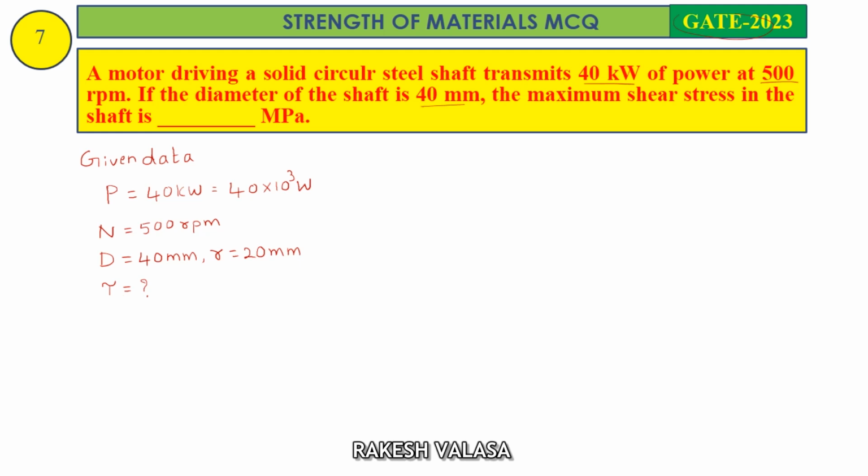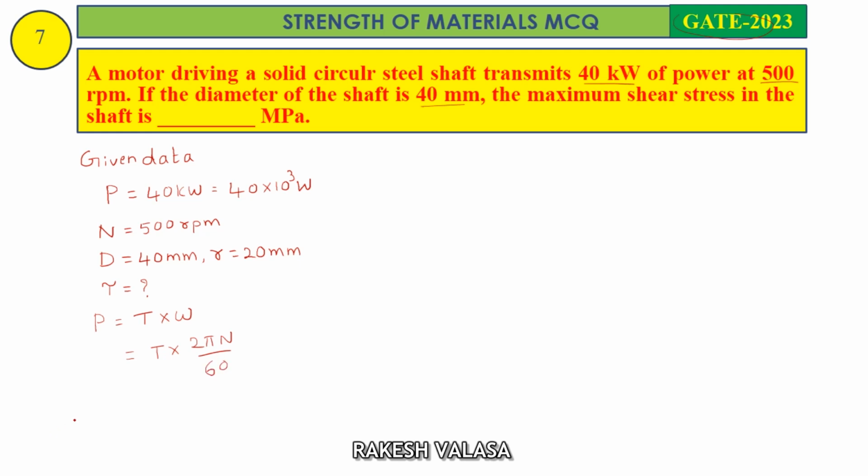So in the given problem he has given power, speed, diameter and asked to find the maximum shear stress. If the power is given, we know one relation, that is power equal to torque into angular velocity, that is P equal to T into omega, which is 2 pi n by 60.